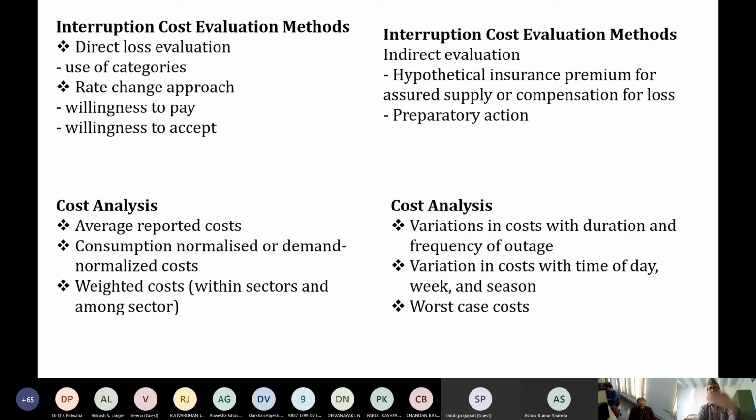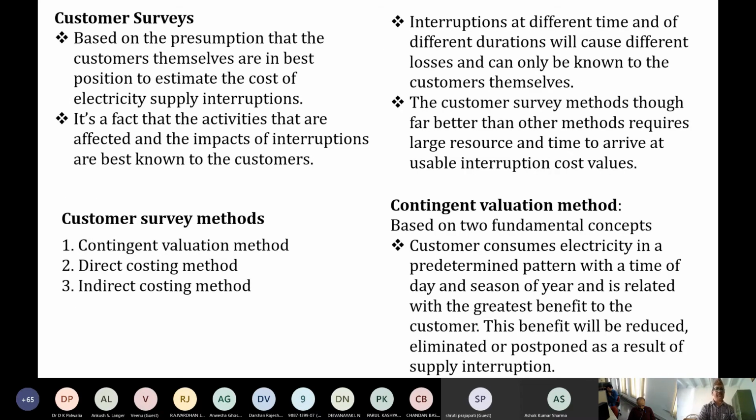So we need to know. These costs we have to collect, gather, and obtain from the customer survey and analyze them. Why do we prefer a customer survey?